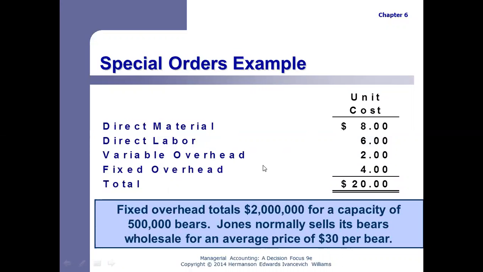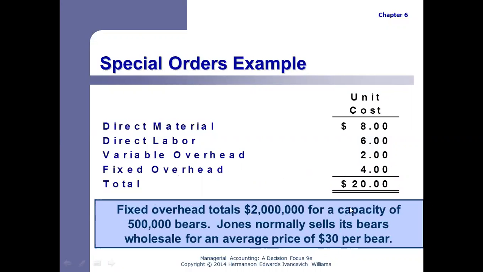Variable overhead means overhead that does increase or decrease with changes in volume. And then fixed overhead. So this overhead doesn't change no matter how much they increase the volumes that they make. This overhead in total is still going to be there, okay? So that fixed overhead is $2 million.